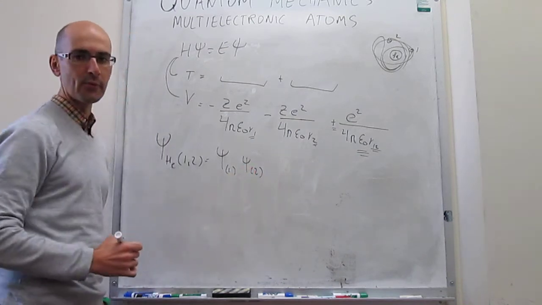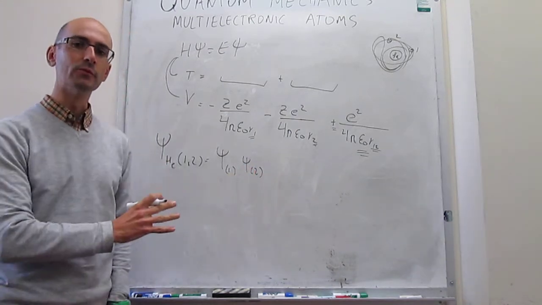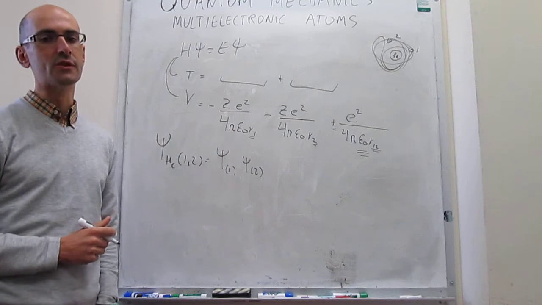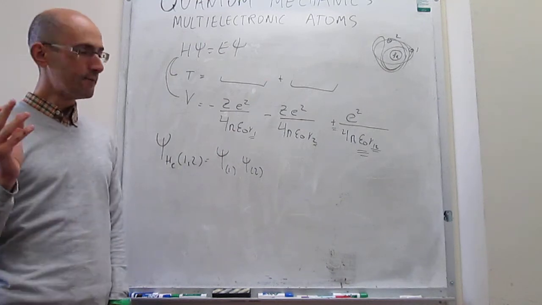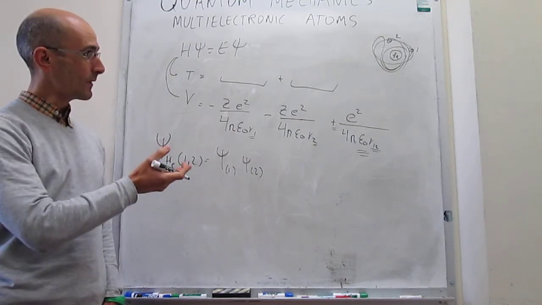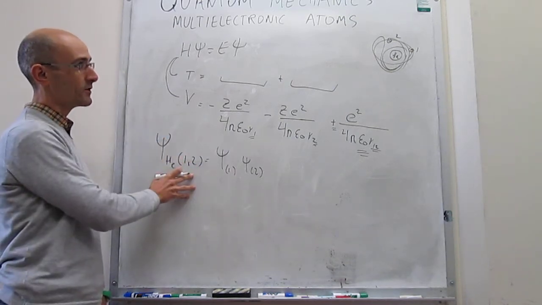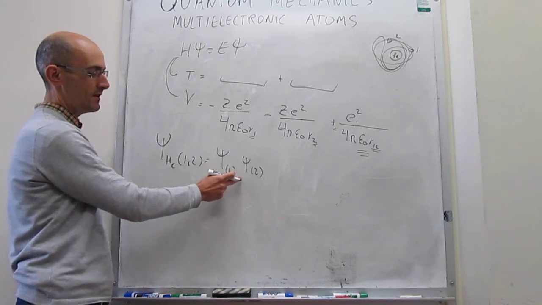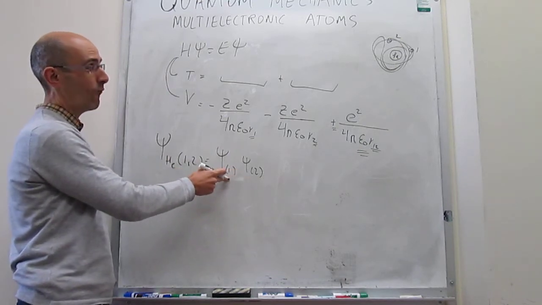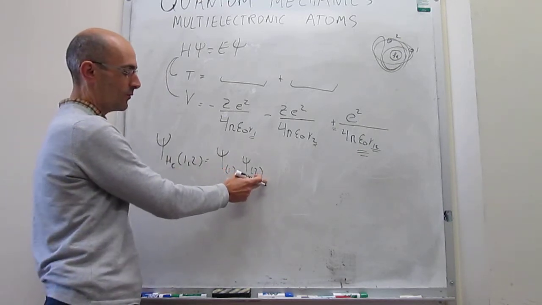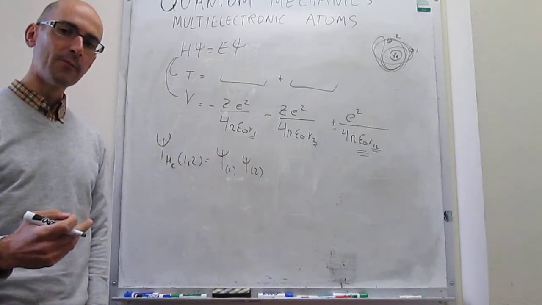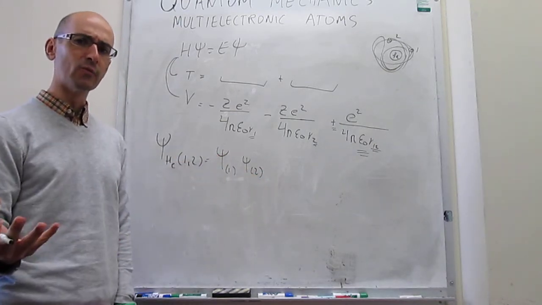This is called the orbital approximation, and this is exactly what we do when we talk about electronic configurations, which we're going to see. So for the helium atom, the overall electronic wave function is just going to be the wave function of the first electron multiplied by the wave function of the second electron. The question is, how are those wave functions?